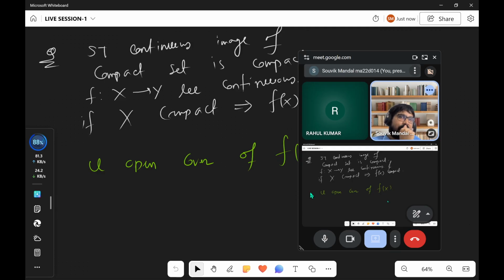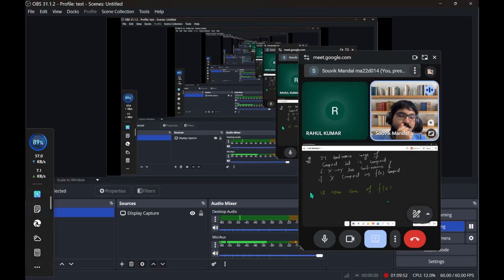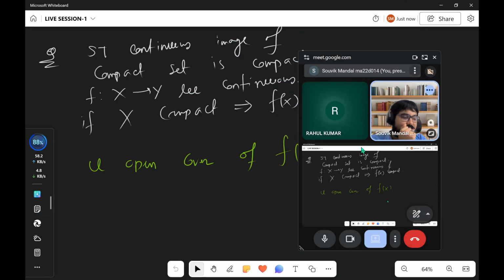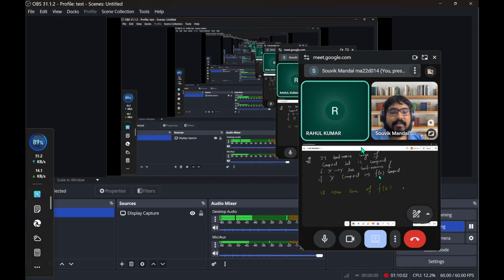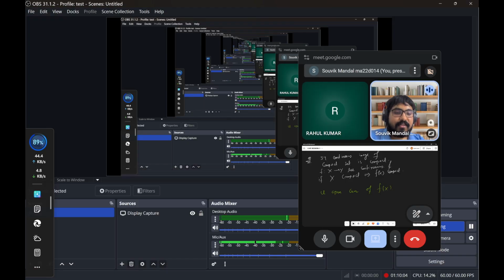But f does not necessarily preserve openness, right? I mean, f of U is not necessarily open. So is it clear? Is it correct? I'm not getting this. Okay, so I will explain it in the next session.